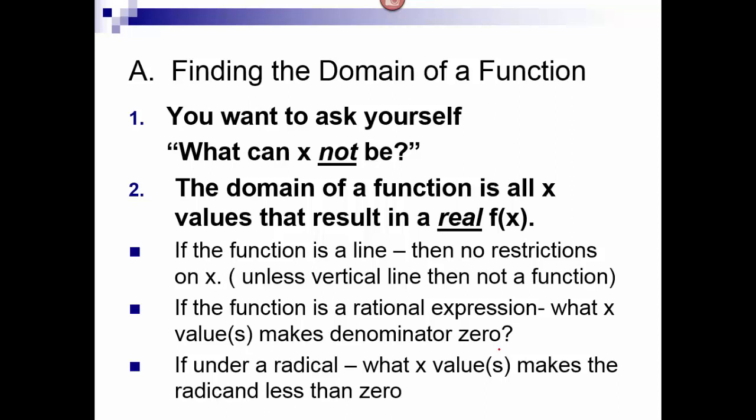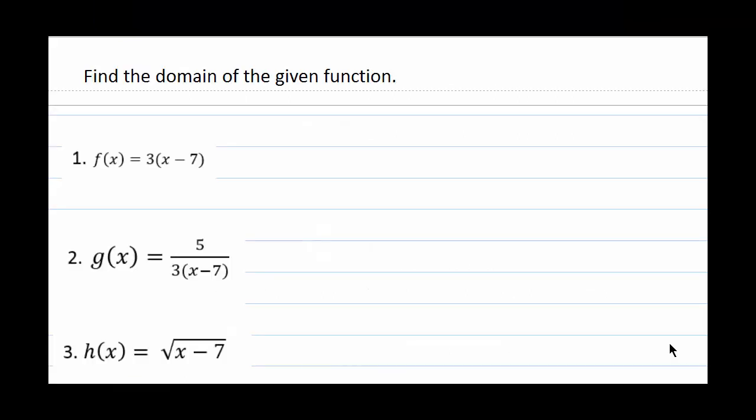If you have a radical, then you look at what x values make the radicand less than 0. That doesn't work, right? So we want to find what makes the radicand positive. Let's look at a couple examples of find the domain of the given function.